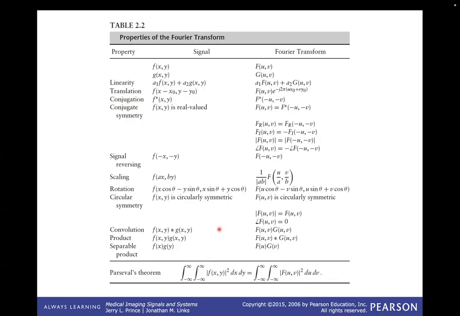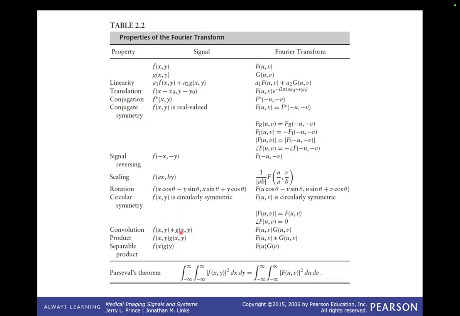And then here's the big one. This guy here, we worked hard to figure out what convolution was. If I have an image and I convolve it with this function g(x,y), let's think of it this way: this is an image, and this could be a filter, say, but it doesn't have to have that interpretation, though that's more likely what it's going to be.